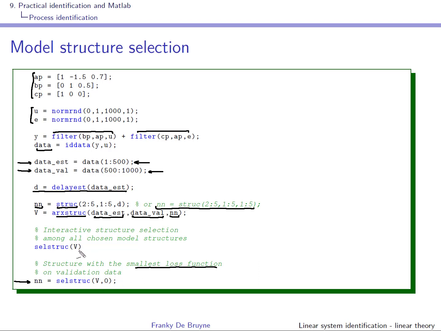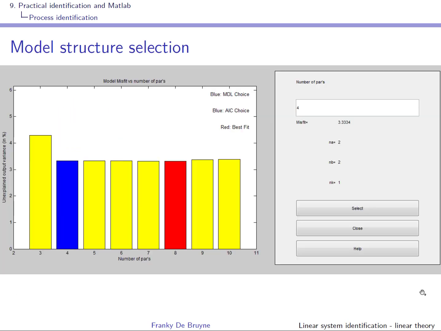If you do it like this, there is an interactive structure selection, in the sense that a window will be produced and you will have to select yourself the structure that is used for the ARX model. So this is the window that is produced. You see here on the x-axis, this is the number of parameters.